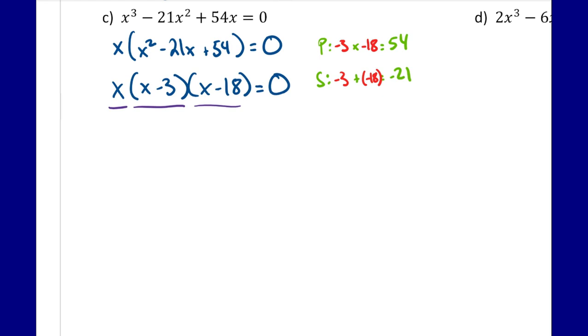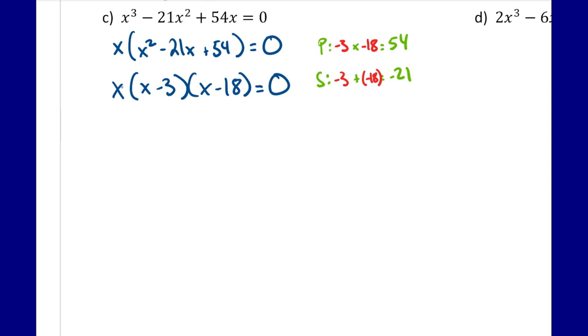So I have three things multiplied together that have to equal 0. Very similar to what we've done before, except instead of one or two, one of three of these can equal 0.